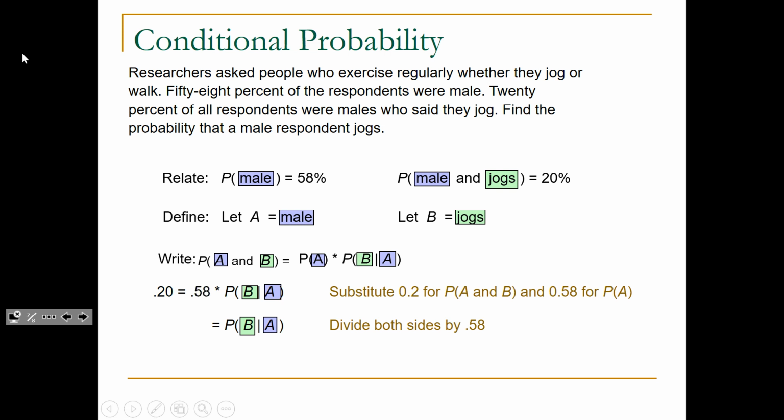So how would I get this piece by itself? How would I get the 0.58 to the other side? Divide. Divide both sides by 0.58. So I would have 0.20 divided by 0.58, which is a decimal of what?